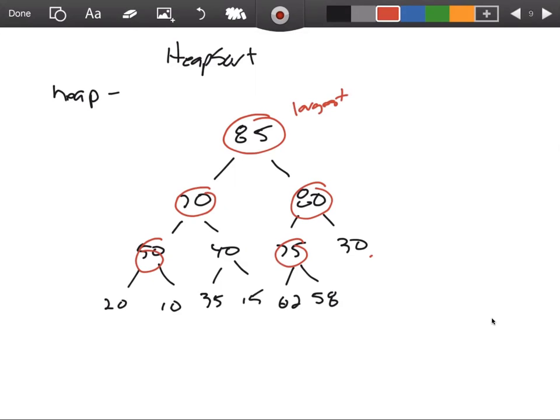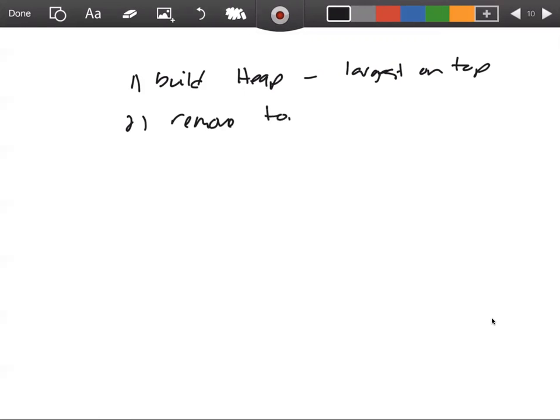Okay. So the idea behind the heap sort is that you're going to build a heap first. Okay. So the steps here to the algorithm, on whatever data you have, you're going to build a heap, which basically puts the largest on top. Okay, you're going to then remove that, or put that someplace else, remove the top into position.